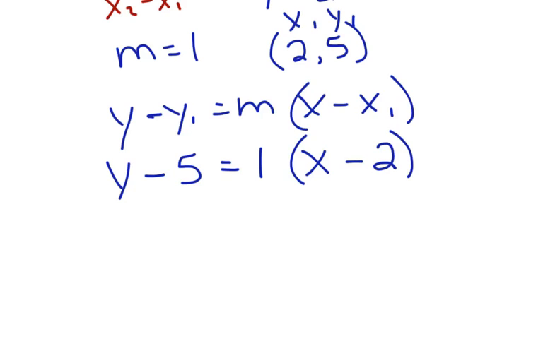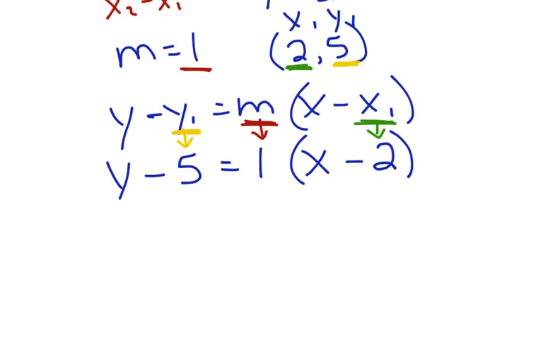Okay, now just one last time I want to be sure that we see where all this is coming from. m, x1. Okay, so that's why I am putting these specific numbers in these specific places.